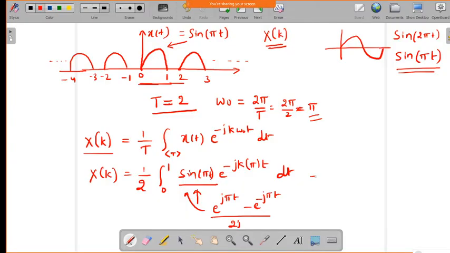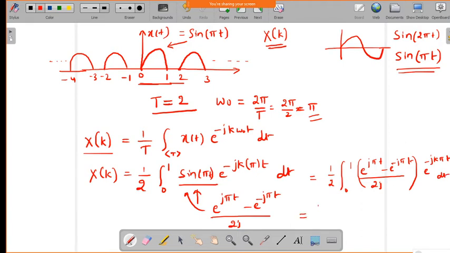So now if you put this, you will get 1 over 2 integration from 0 to 1. So e power j pi t, e power minus j pi t, put the value of sin pi t, which is equal to this value, into e power minus jk pi t into dt.